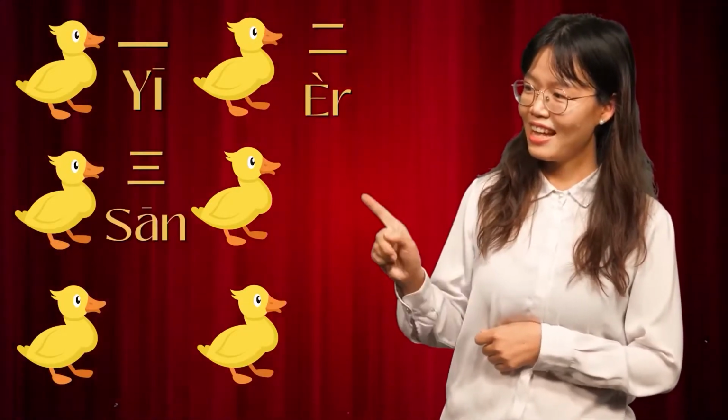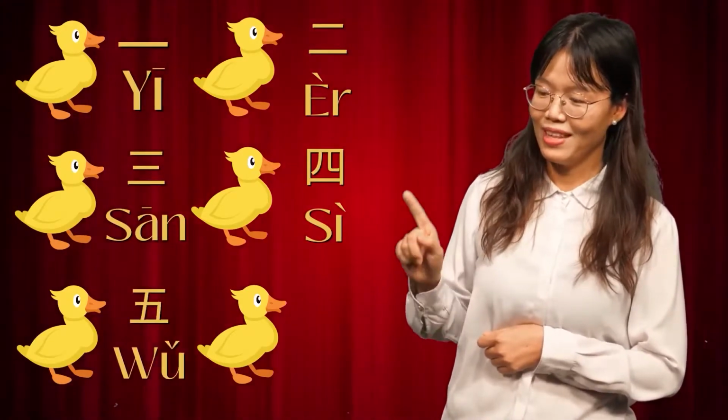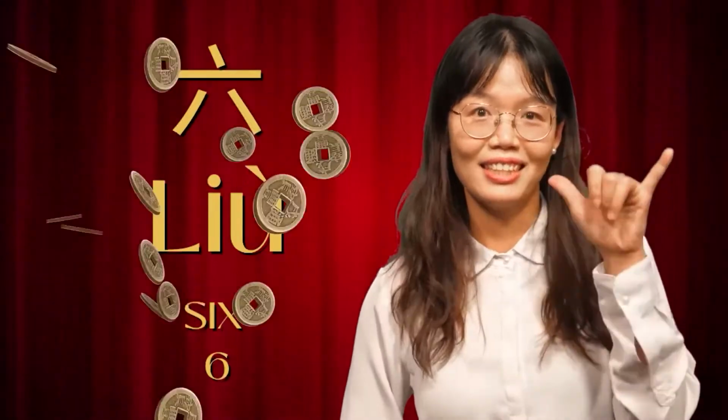So see, there are some ducklings. Let's count it. 1, 2, 3, 4, 5, 6. Okay, 6 ducklings.